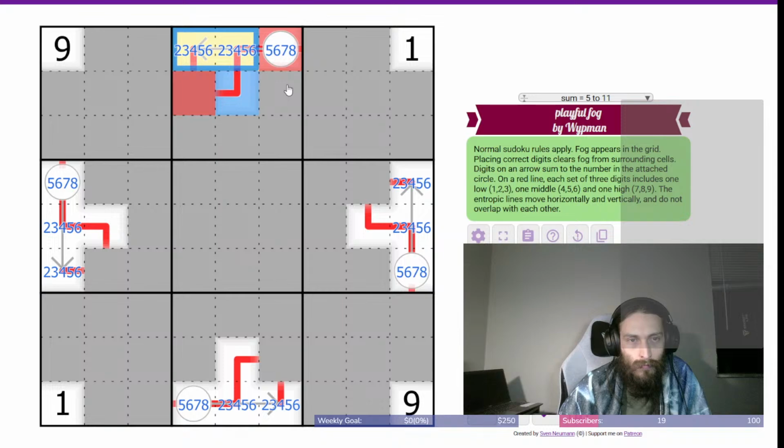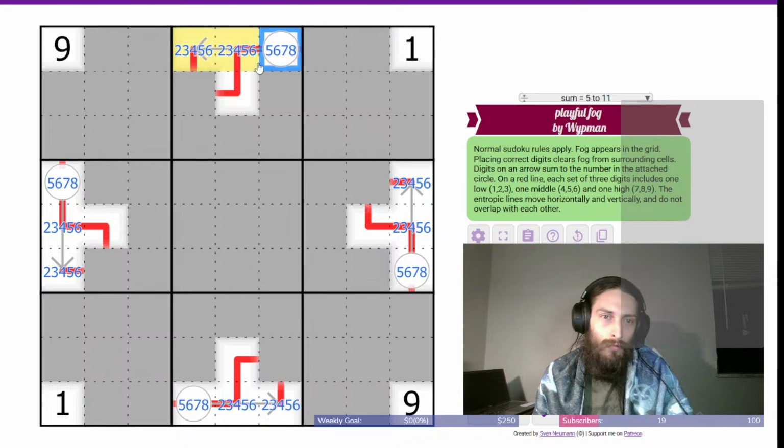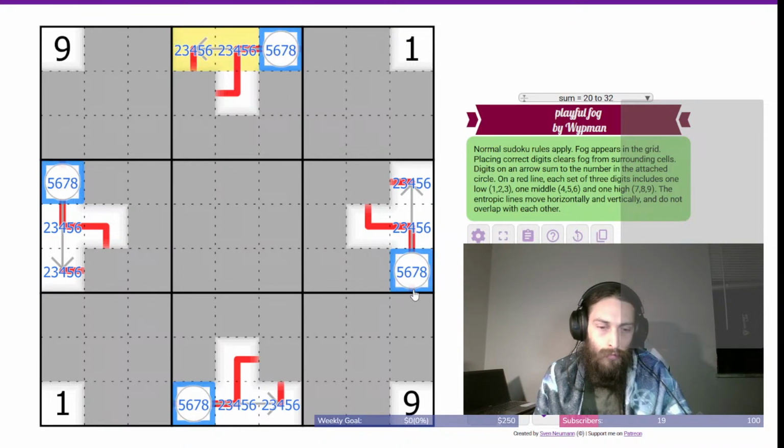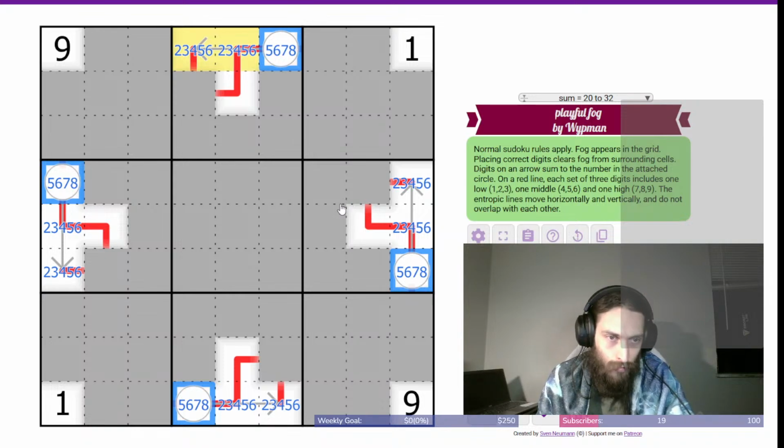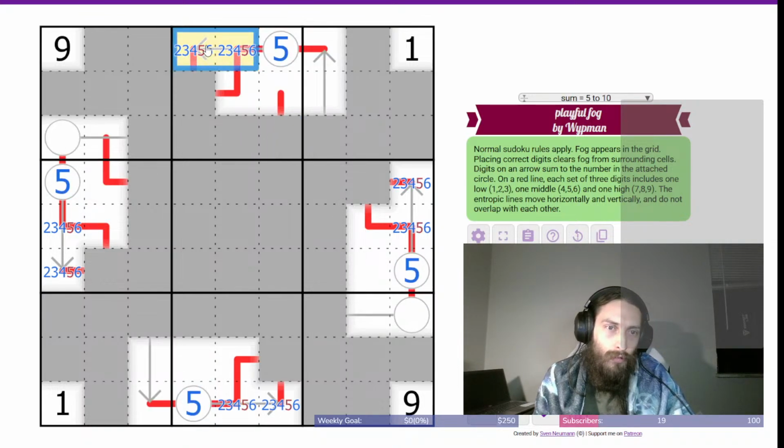Well, that means they have to be from 1, 2, and 3, because 4 and 5 would be the minimum for anything else. Which makes that circle 5. Makes all the circles 5.